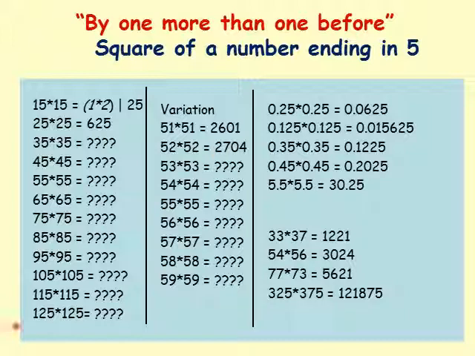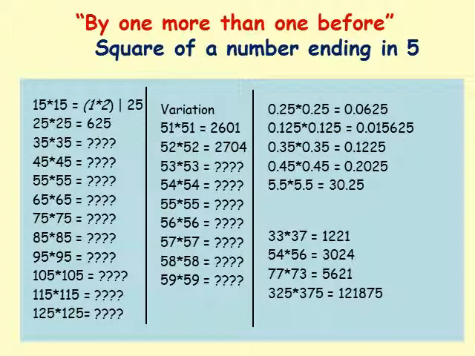Let's do 125 times 125, which would be 25 on the right and 12 times 13, which is 156, on the left. So it's 15625. If you come back here, 0.125 times 0.125 must be 0.015625. The extra 0 we need because there are 3 digits after the decimal here and 3 digits here.